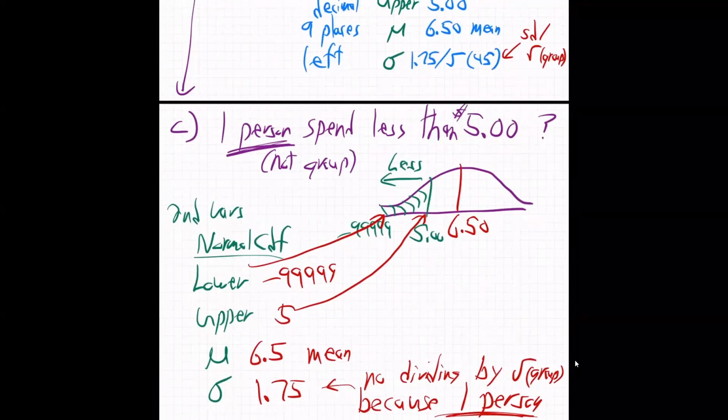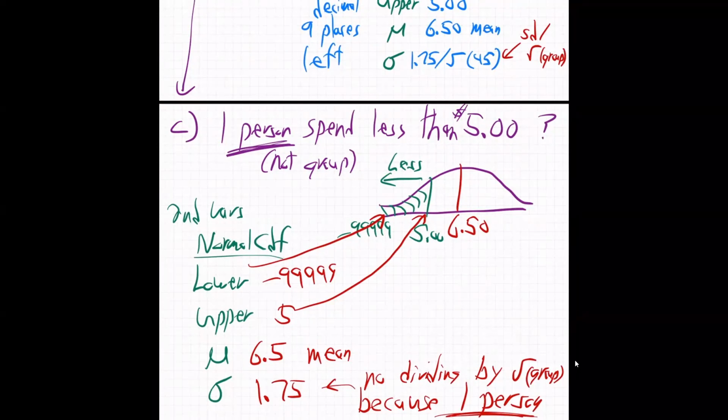I'm going to type the buttons into my calculator here. And so you just do the same thing we did last time, but we're going to get a very different answer.